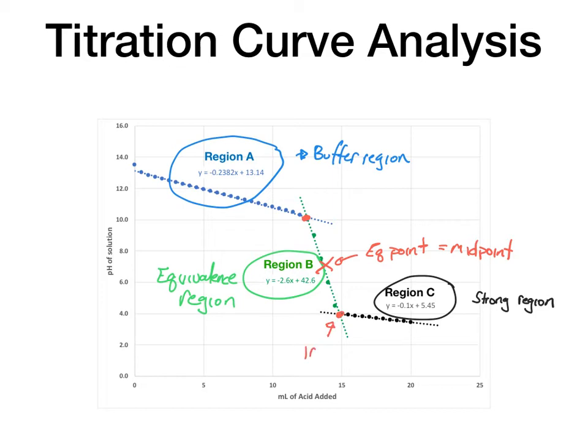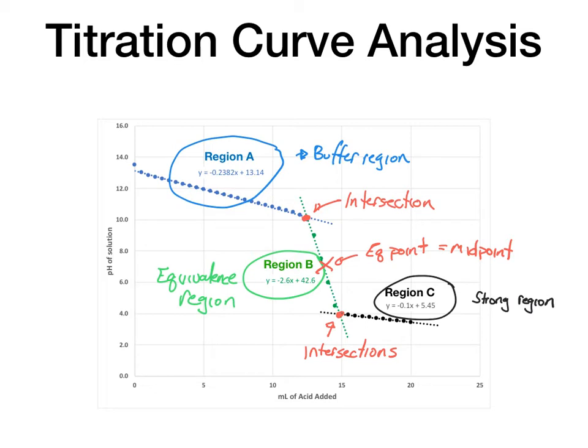So these are the intersections of the regions. If we know our intersections, we can find the halfway point, or the midpoint, between those.